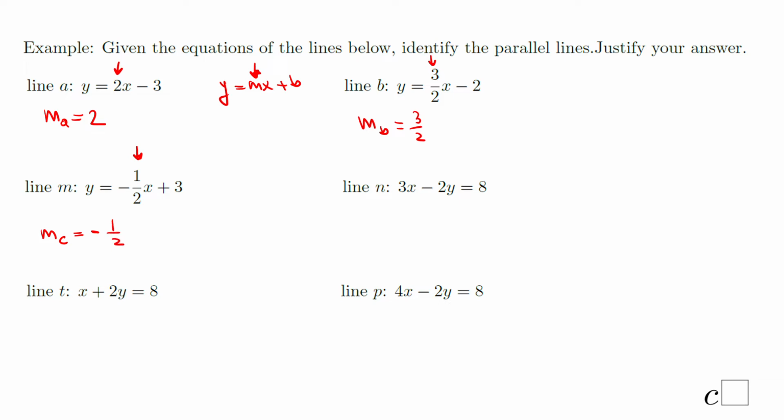So far we were able to identify these three slopes very fast. But what about N, T, and P? You notice these three have different forms. They are in the standard form, so we really need to solve for y.